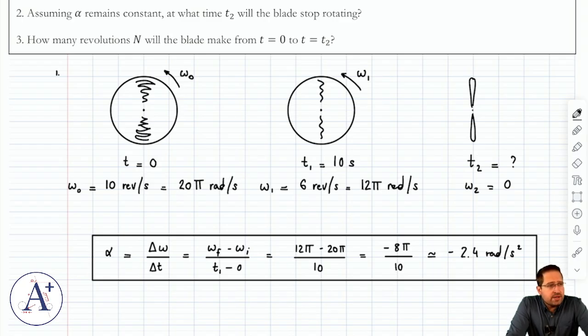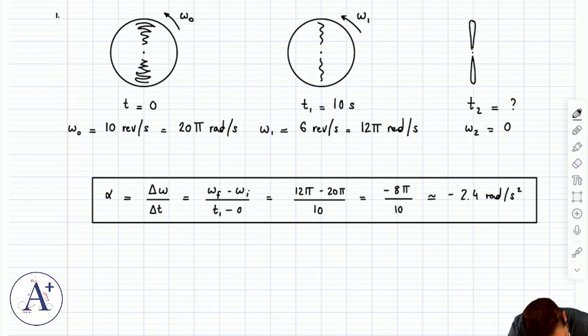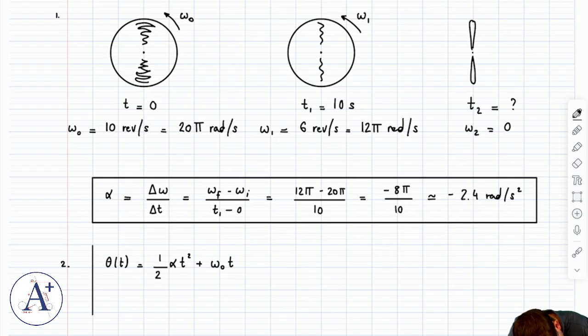Then, assuming alpha remains constant, when will the blade stop? What is time t2? I can solve for that using my kinematic equations. You're asking me to solve for time, so the only ones that involve time are theta of t and omega of t. Theta of t is equal to, well, I know alpha now, it's constant, so it's 1/2 alpha t squared plus omega naught t plus theta naught.